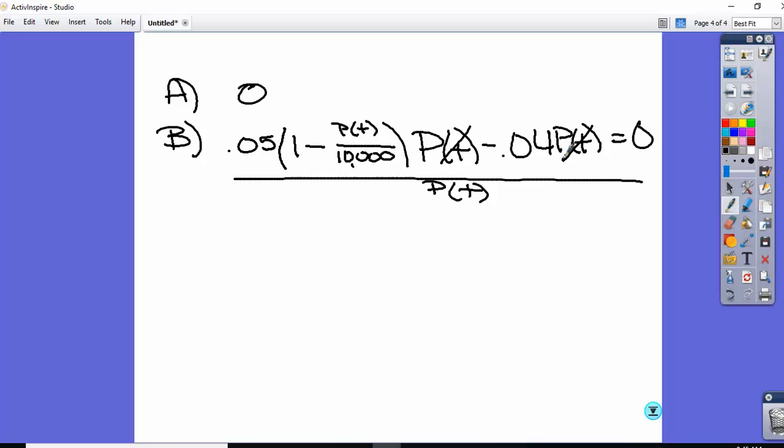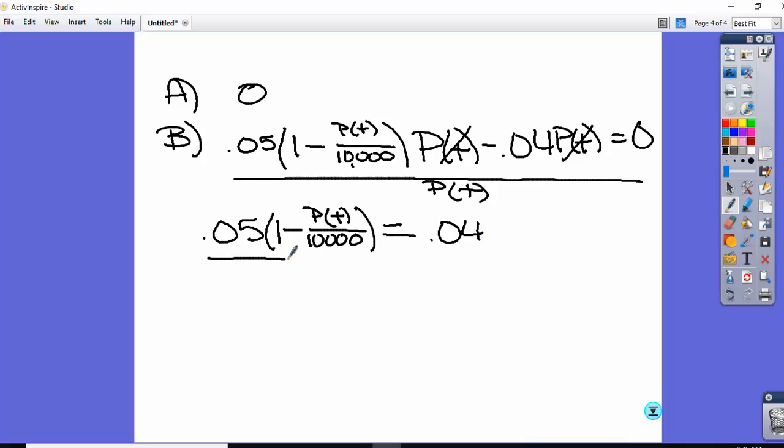So they have this really nasty looking equation. But what they're doing first is dividing by P of T, because they essentially have 2 terms on the left, 0 on the right. So if they divide everything by that, it cancels out one of their P of T's. And that equals 0. So then they added over the 0.04.